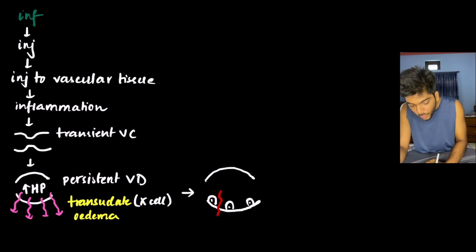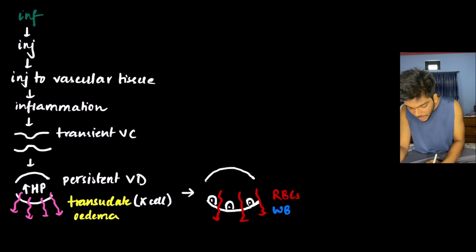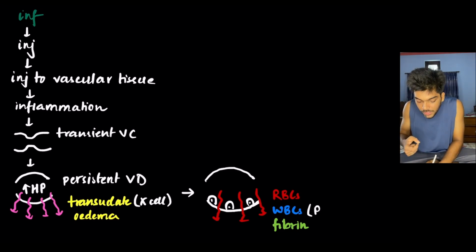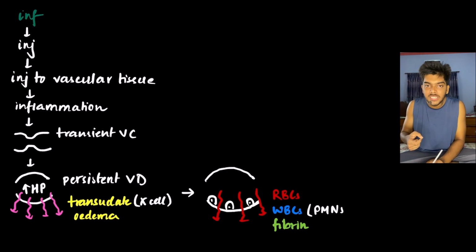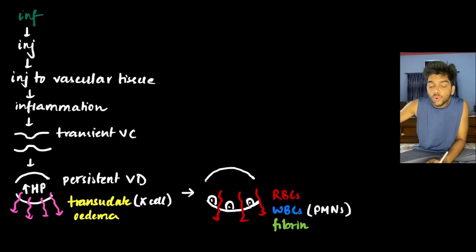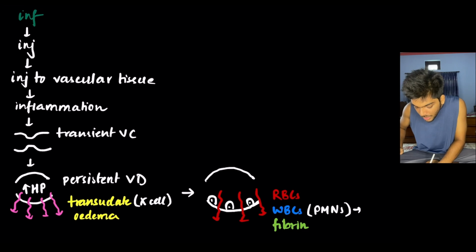Now, it's not just fluid that comes out. Now even cells come out. RBCs come out. WBCs come out. Fibrin comes out. The WBCs that come out first are neutrophils or polymorphonuclear cells. And when the inflammation takes place for a longer period of time, that is chronic, then lymphocytes come out.